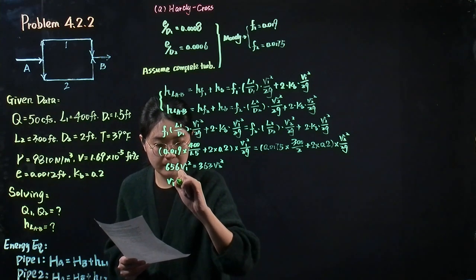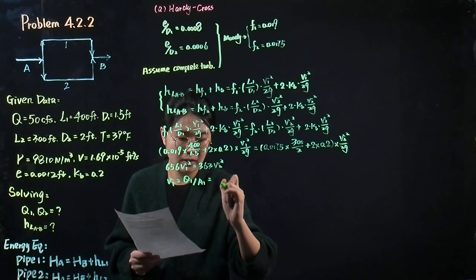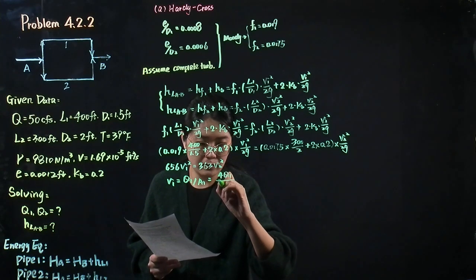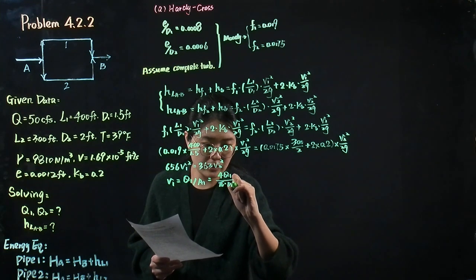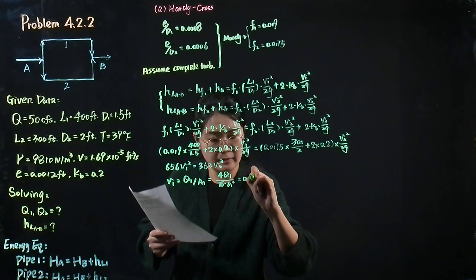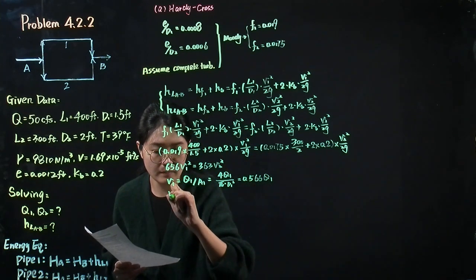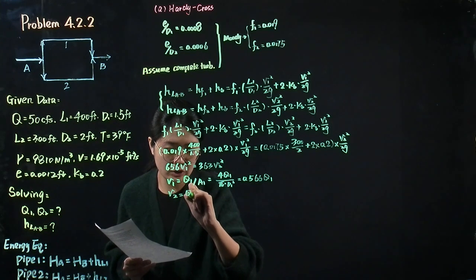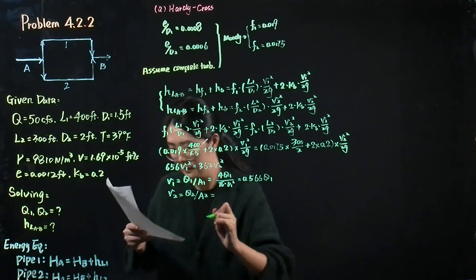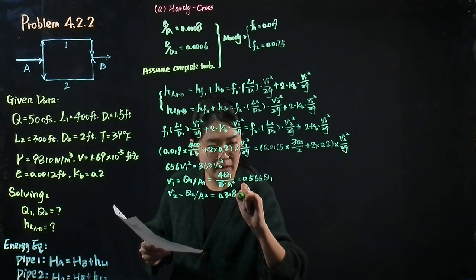We can represent V1 and V2 by using their corresponding flow rate. V1 equals Q1 over A1, which equals 4Q1 over pi times D1 squared, which equals 0.566 times Q1. V2 equals Q2 over A2, which equals 0.318 times Q2.